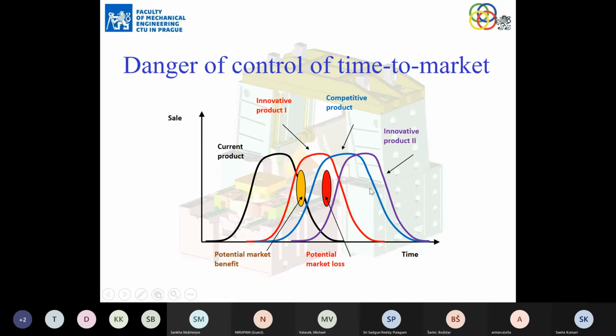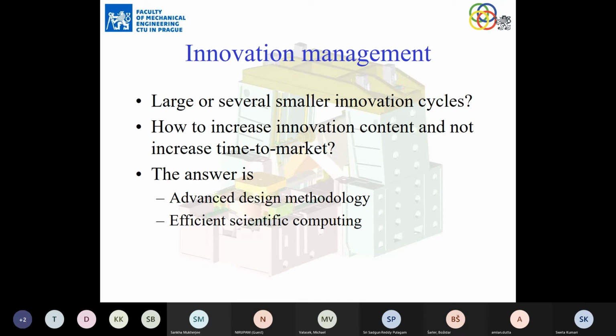And if you come late, it will be almost only losses. So the critical issue is to decide whether to do large or several smaller innovation cycles, and how to increase innovation in content and not increase time to market.